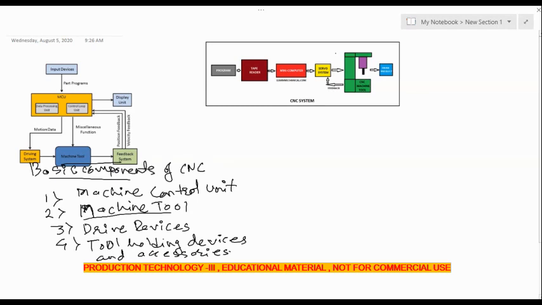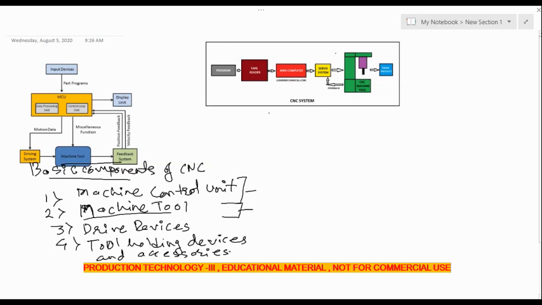So today we will try to understand the relation between these two and this one. Okay, so we have 1 and 2. What is machine tool? That is a basic hard machine tool wherein you are having a lathe machine or a milling machine type of setup or whatever that is to be controlled. And what is a machine control unit?